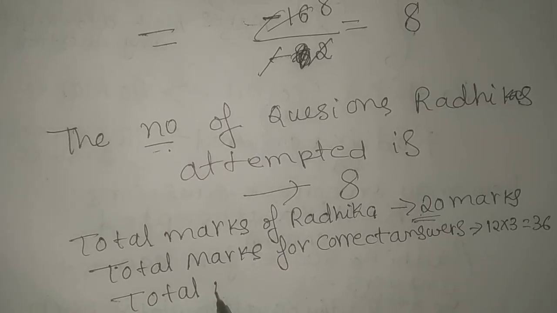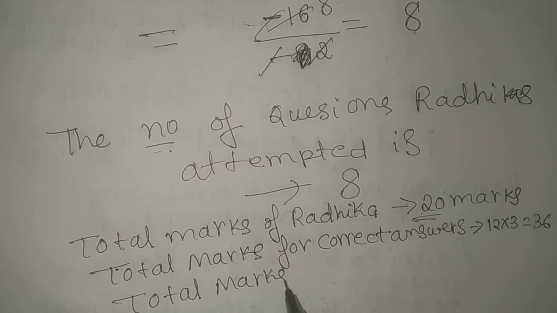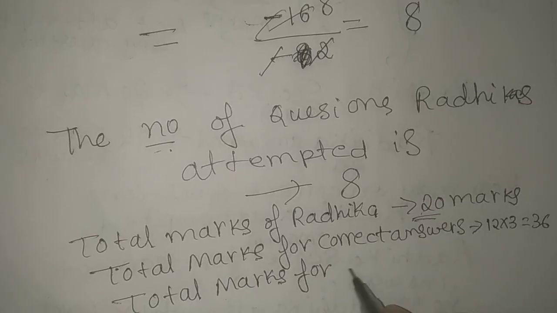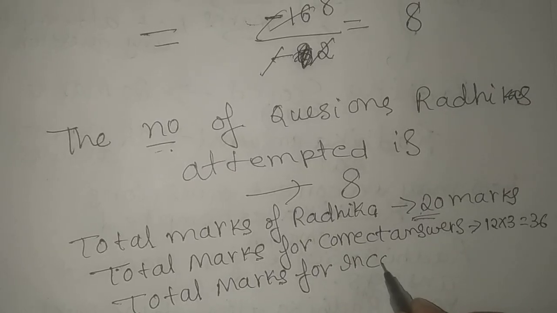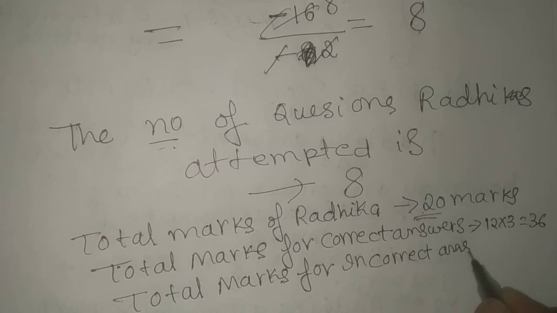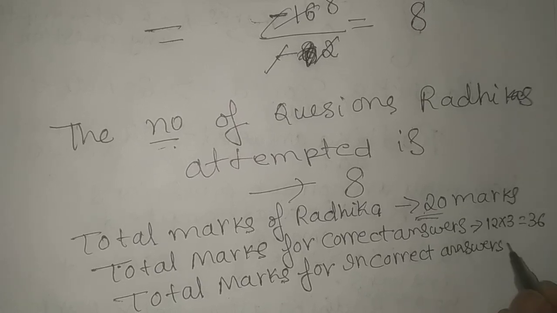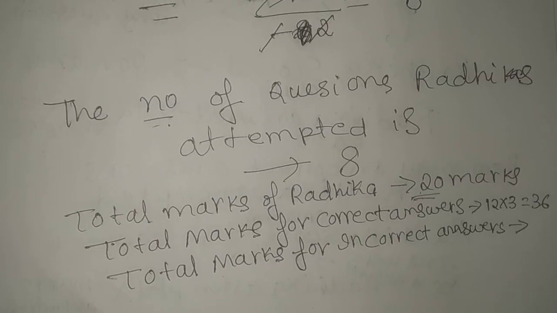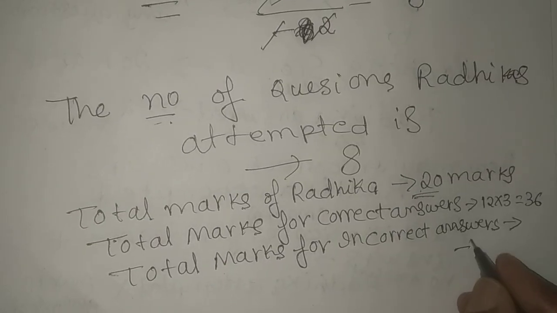Total marks for incorrect answers: an incorrect answer is always negative, that is equal to minus 16.